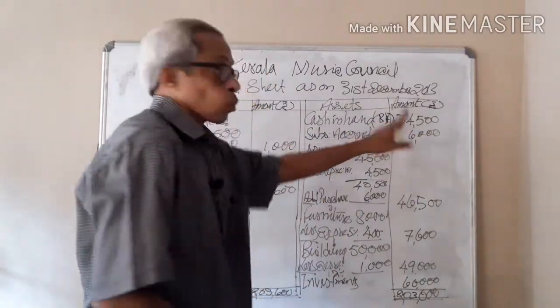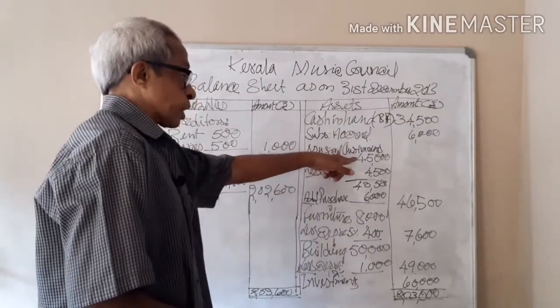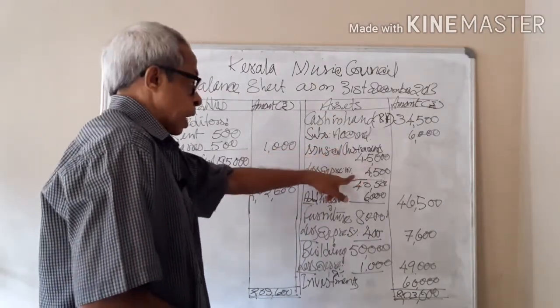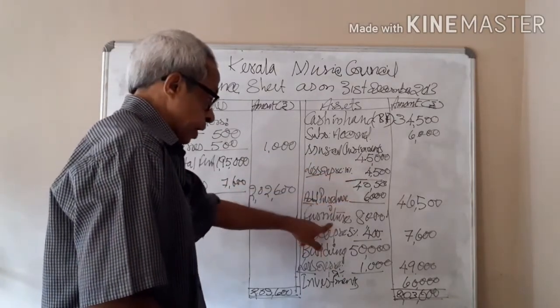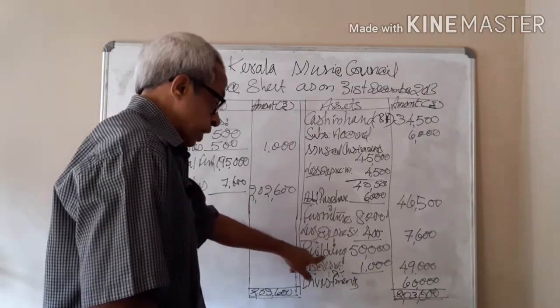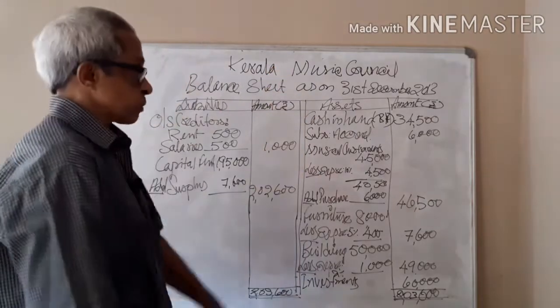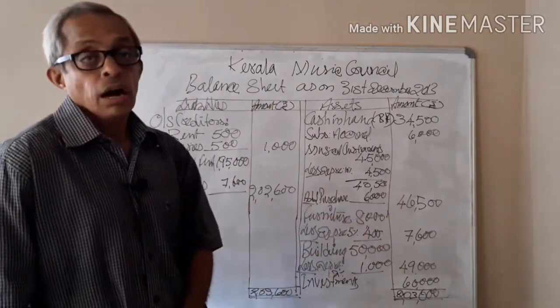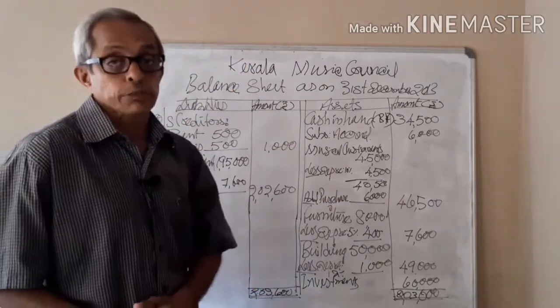Then subscription accrued, that is from the adjustments. Then musical instruments opening balance, less depreciation, add new purchase, then furniture, less depreciation, building, less depreciation, then investments. This is how the balance sheet of the Kerala Music Council is prepared.